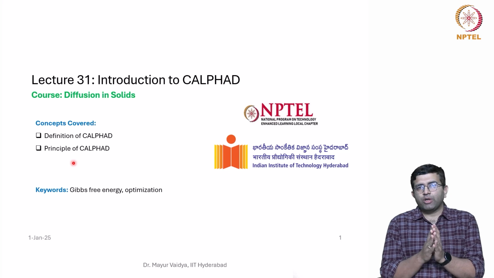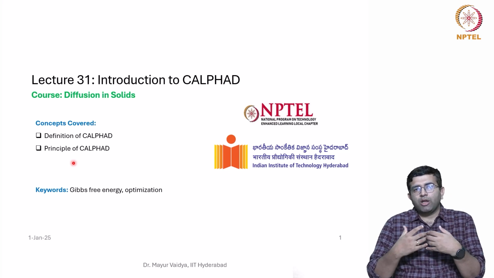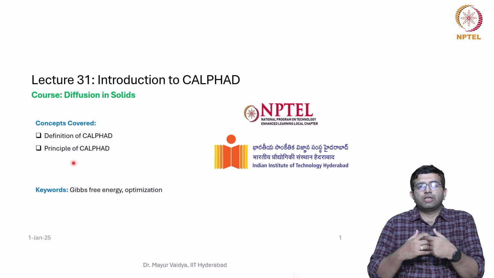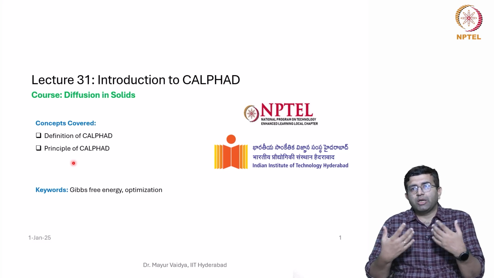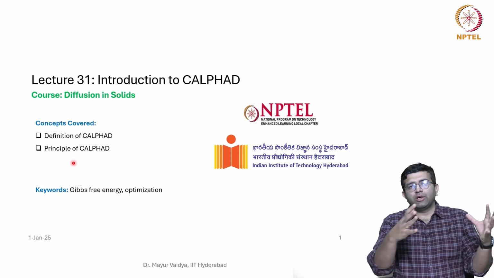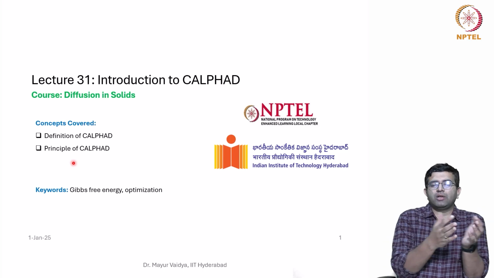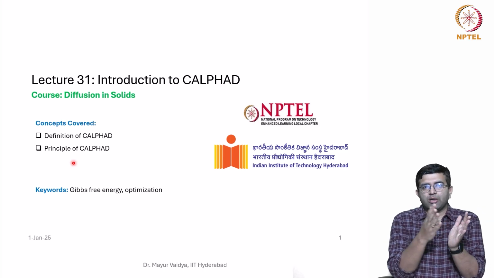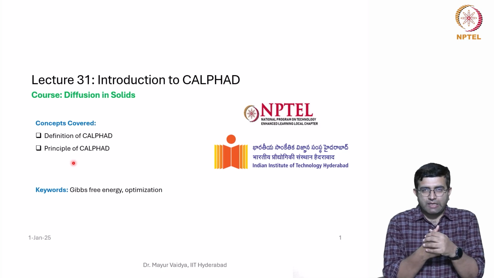Therefore, increasingly people have started looking at predicting the diffusion profiles, or predicting the phase growth, or predicting, if I join A and B, how the interdiffusion zone will develop. Or if I have a certain diffusion problem, what kind of solutions I can expect.